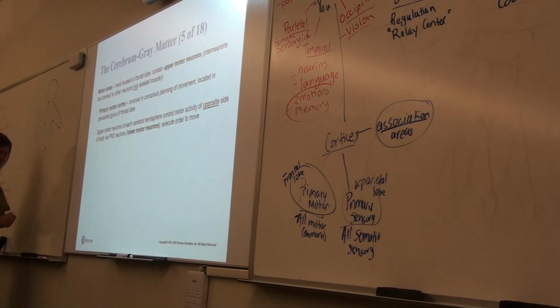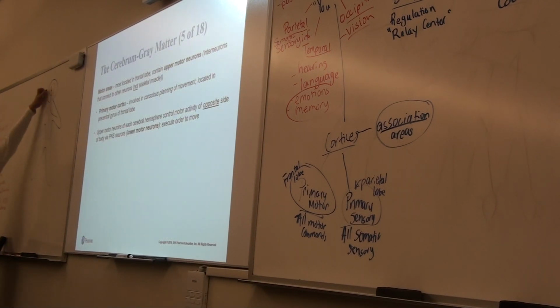Right? So if you have your brain and your spinal cord, right, we're talking about the central nervous system. The upper motor neurons are the ones that are up at the top in your cortex, right? The lower motor neurons are the ones that take that information from the primary motor cortex and take it out to the bicep, or to wherever.